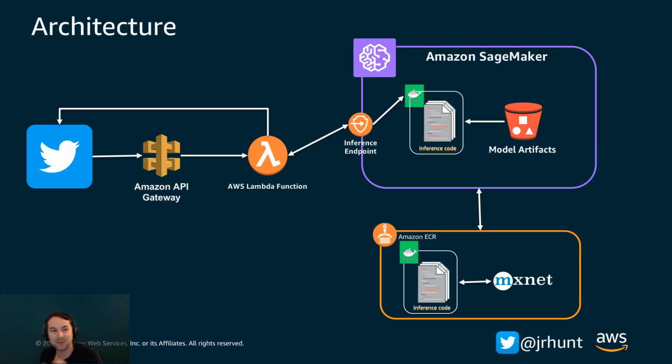That Lambda function will read the payload that was sent by Twitter to the API Gateway, and it will call out to Amazon SageMaker with the URL of the image that was contained in the tweet. That SageMaker stuff we can talk about at length in just a little bit, and this ECR stuff you don't need to worry about. Essentially what happens is it gets an inference from SageMaker about where in the world that image could be located, calls back to Twitter, and tells Twitter to post the image with a bunch of cool stuff in it.